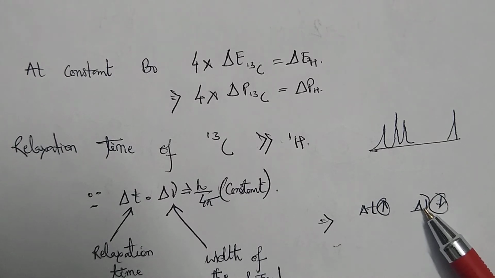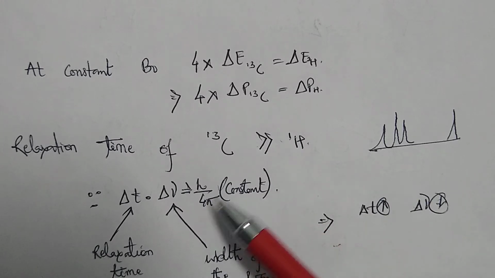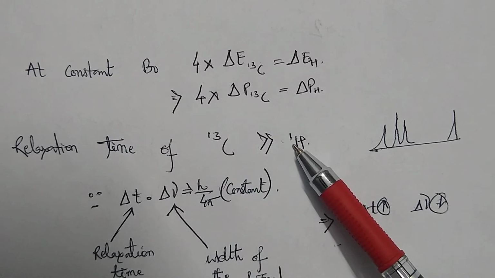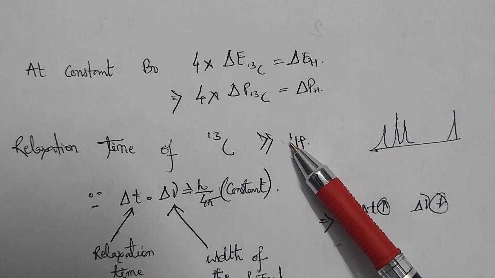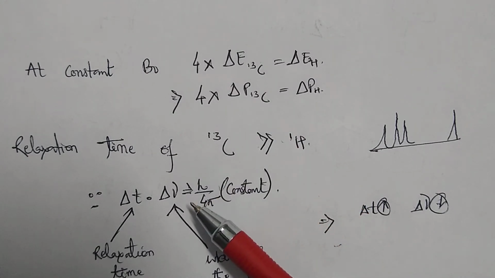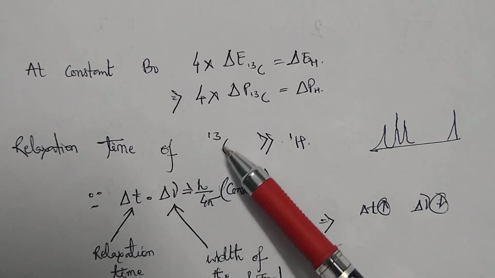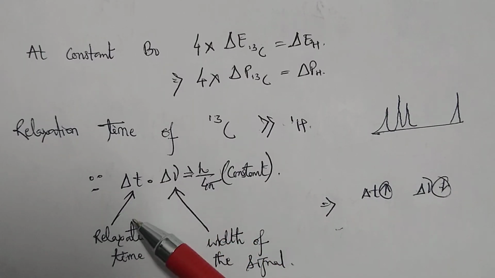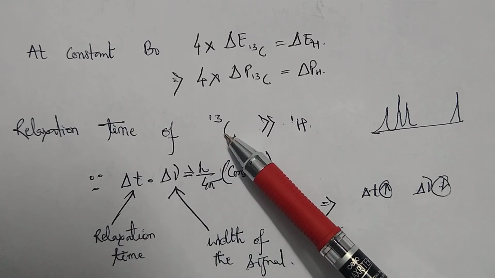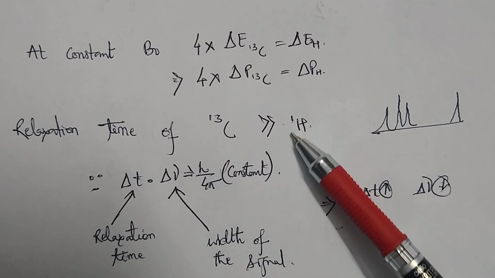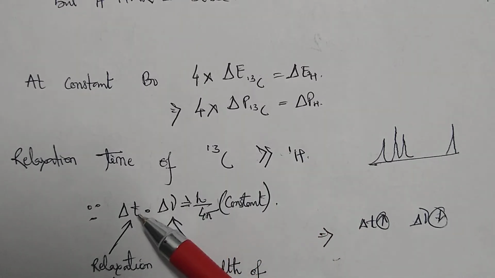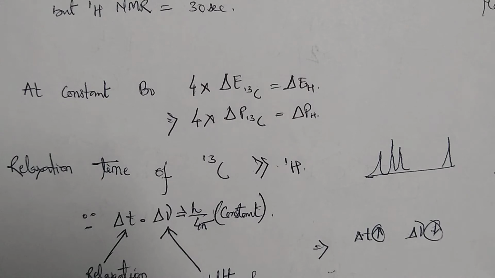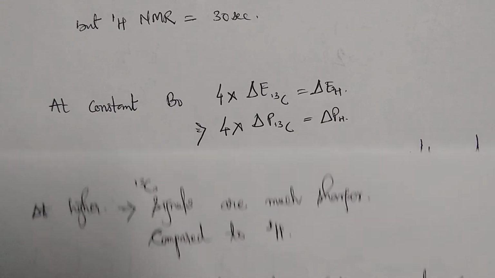In proton NMR we had a signal with its width, but in case of 13C, the width will decrease as the relaxation time is much higher than that of the proton. So at higher relaxation time, the 13C signals are much sharper than those of the proton.